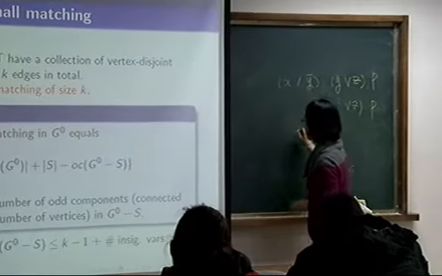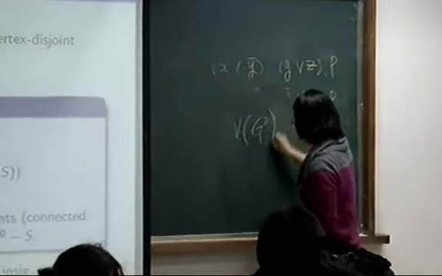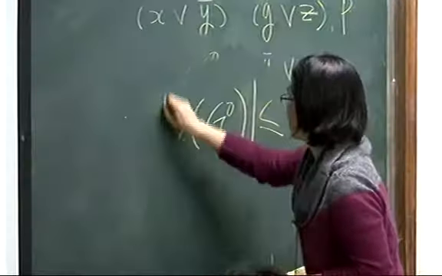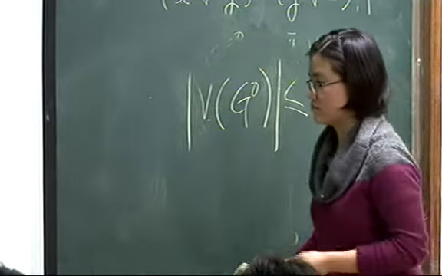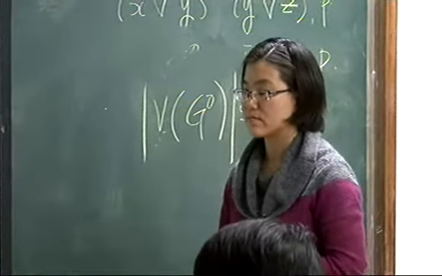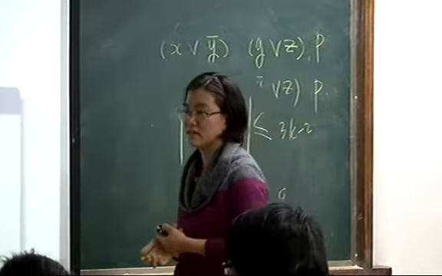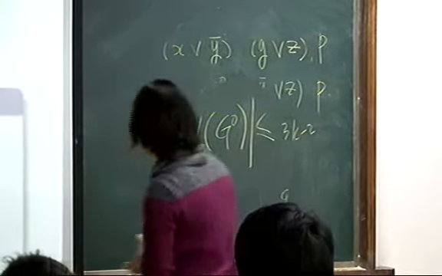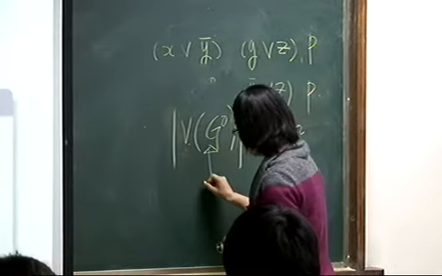So that gives us that the size of the graph is bounded by 3k minus 2, which gives us a linear kernel. It's quadratic? No, it's a linear kernel.